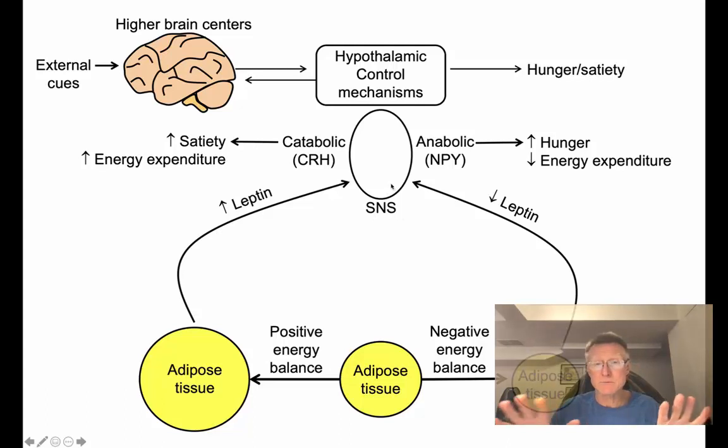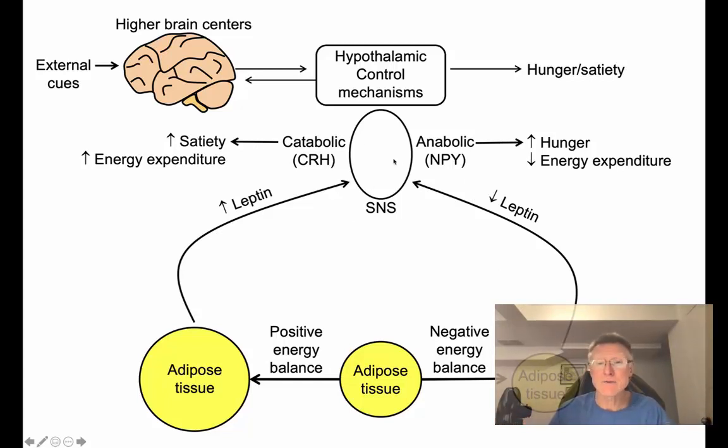So you have two sides or two arms of this system: one that detects abundance of energy, and one that detects low amount or limited supply of energy. So what happens is your body's constantly responding to those two arms, or adapting to these two conditions via these two arms of communication that exist between the adipose tissue and the brain. And it does so by releasing hormones that communicate with the brain. So this is the physiological mechanism that regulates your body weight.